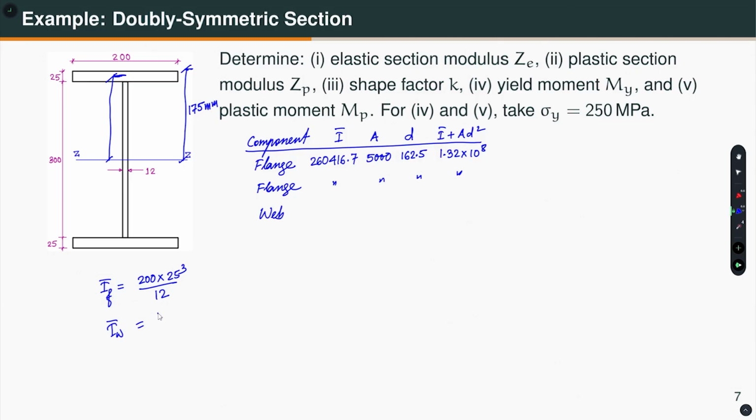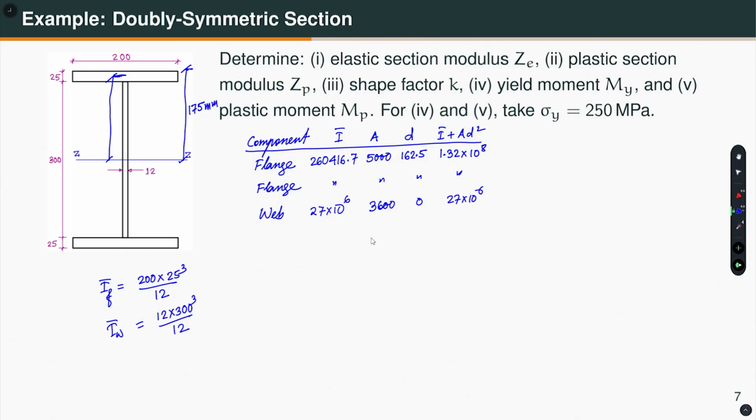So, that is 12 into 300 cube divided by 12, okay, and that is 27 into 10 raised to the power 6, okay, and the area is 3600. And what is the d? Well, the d is 0, because the centroid of the web is matching with the centroid of the whole cross section. So, this quantity becomes 27 into 10 raised to the power 6.